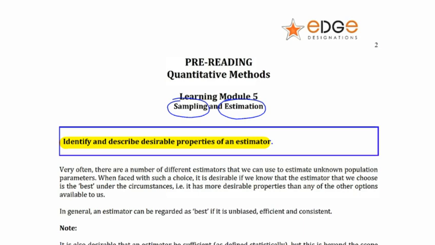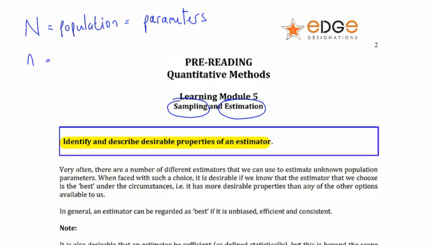Now, remember, going right back to the beginning of where we started on learning module 2, okay, where we showed you big N and little n. Big N is equal to the population. Remember, we described big N as population, and we called all the measurements coming out of that of a population, we call those parameters, population parameters.